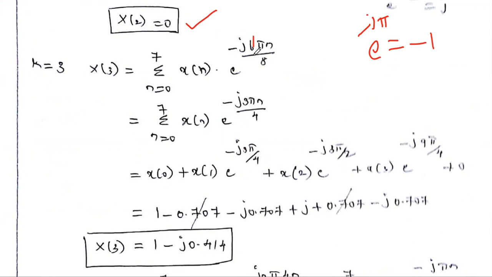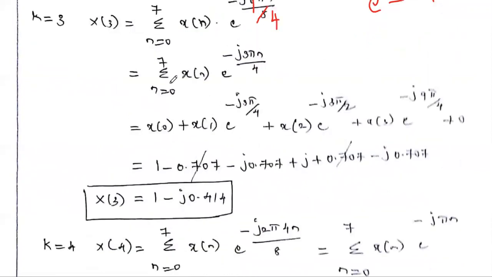Okay, so here if you cancel this 6 and 8, we get 3 here, 4 here. So that's why e power minus j 3 pi n by 4, summation over this thing. And you may expand this summation for n equal to 0, 1, 2, 3, etc. So first put n equal to 0 in the above equation.